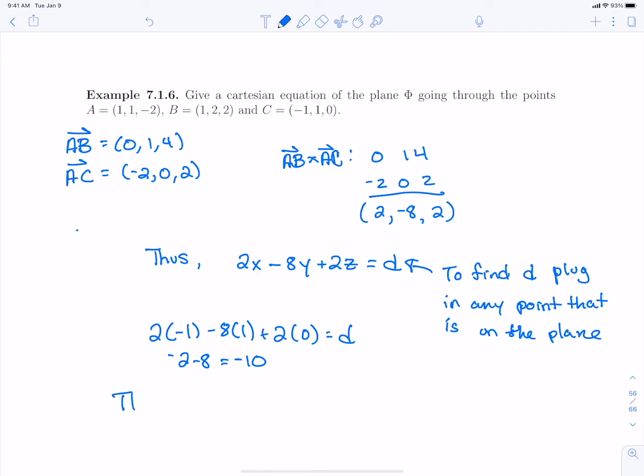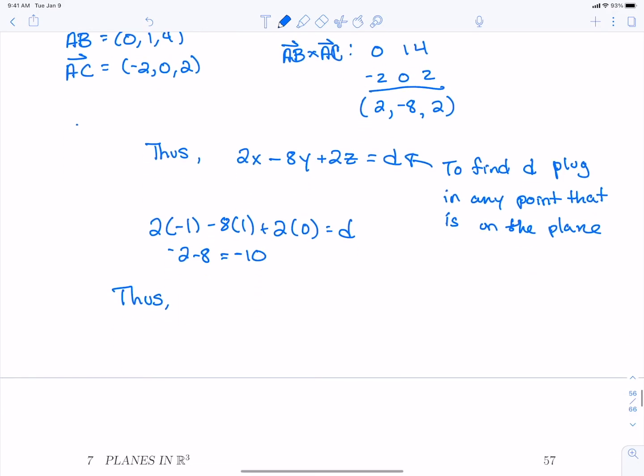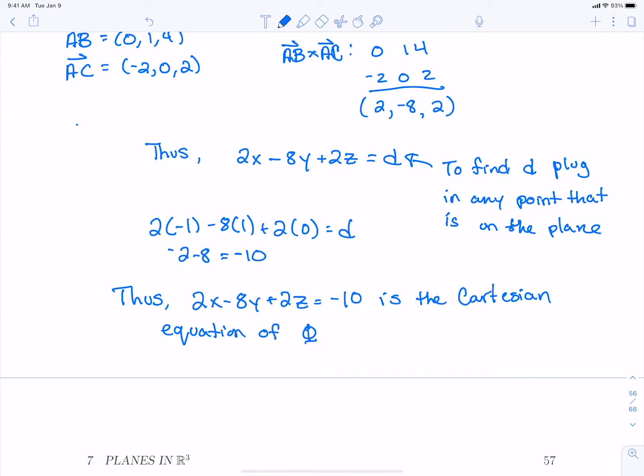And so thus, 2x minus 8y plus 2z equals -10 is the Cartesian equation of phi with points A, B, and C on it.